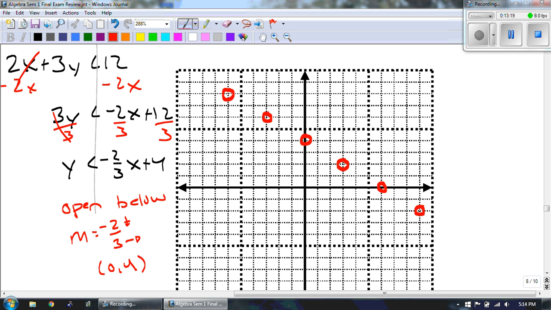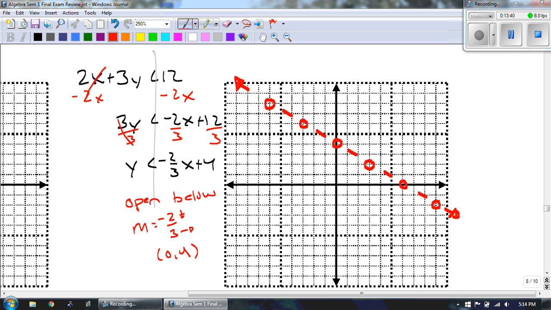Okay, and then I'm going to use my straight edge to connect all of those dots with a dashed line. We said that this is less than, so with less than, I need to shade everything that is below.